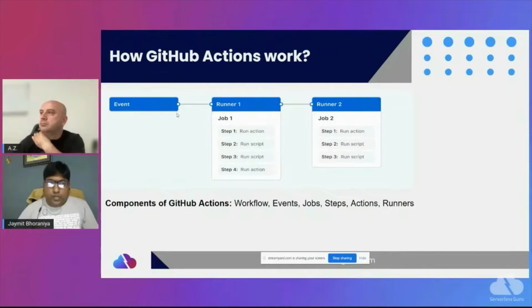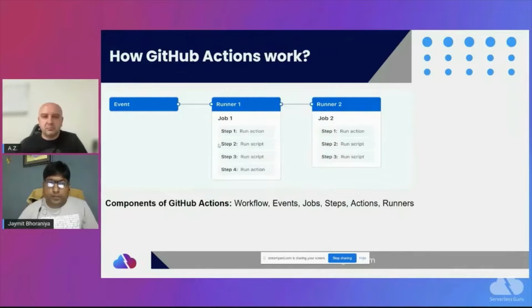different workflows. That workflow will have multiple jobs. Here I represent two jobs, job 1 and job 2. As soon as some event occurs, it will trigger the jobs, and those jobs will run on a runner. In a single workflow, say we have two jobs. Those two jobs will run on different runners, runner 1 and runner 2.